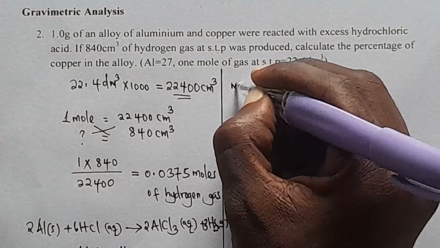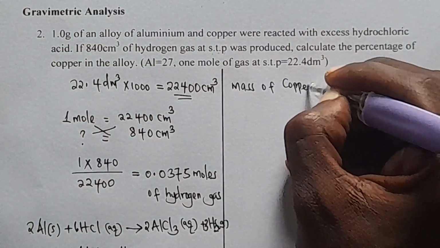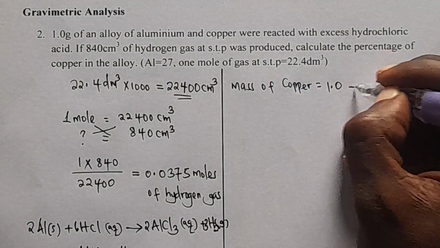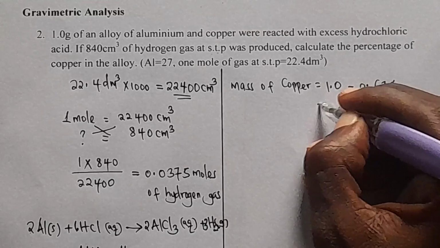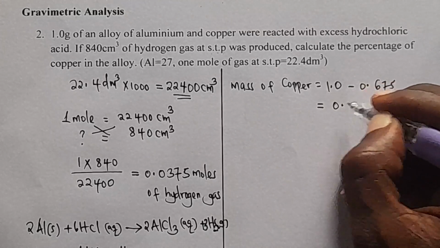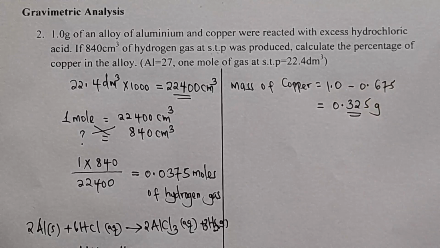So mass of copper will be equal to 1.0, which is the mass of the alloy, minus 0.675, which is the mass of the aluminum. So we are going to get 0.325 grams as the mass of the copper.